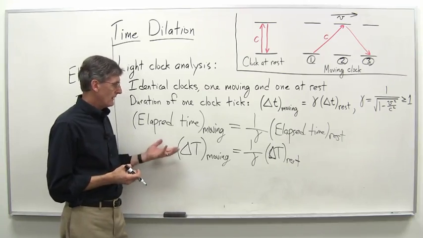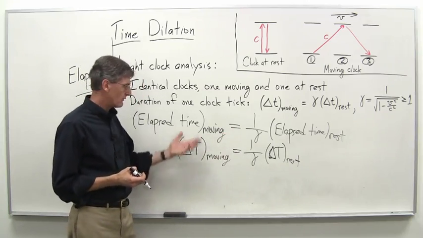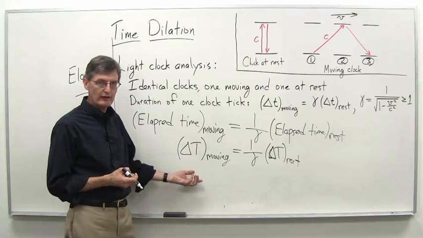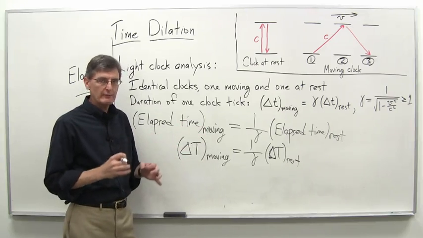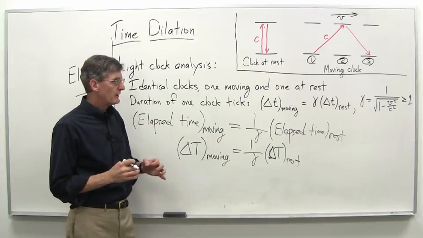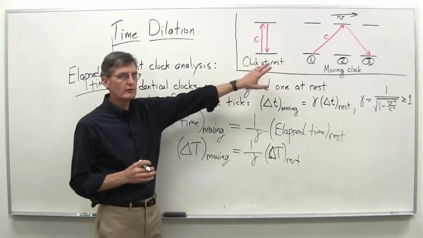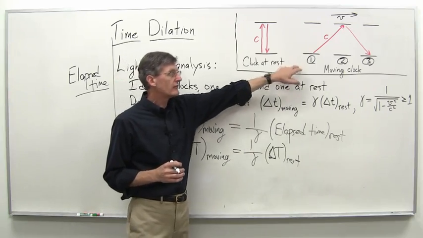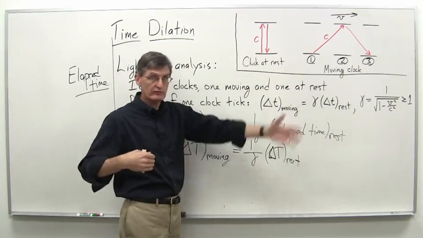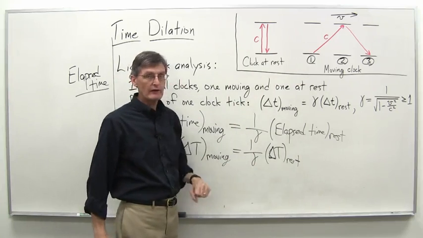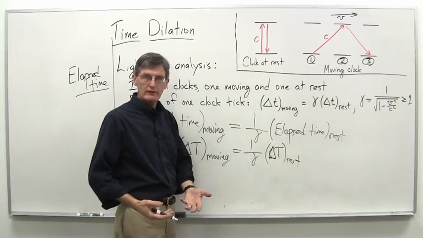Okay? And you can look at our elapsed time equations here. Yeah, well, the moving clock, time slows down. Yeah, that makes sense. Think about it carefully, however, because this is Bob observing the moving clock. Alice, sitting on her spaceship as she's traveling along there at some high velocity v, her clock is just running normally.